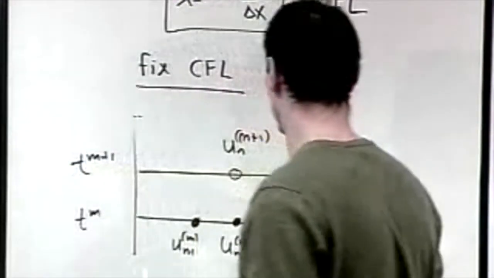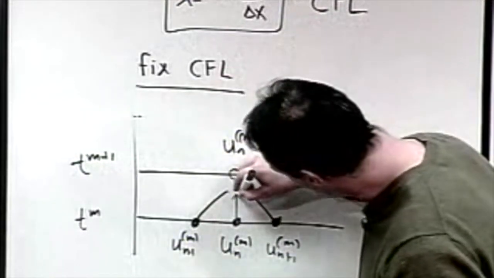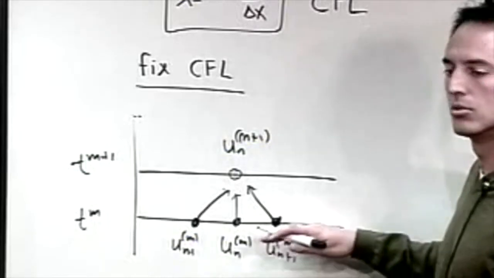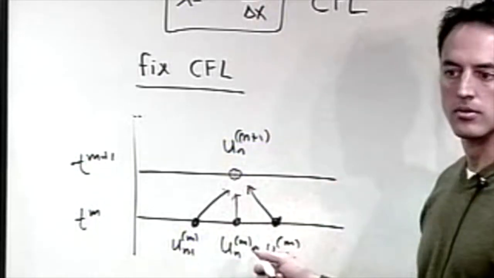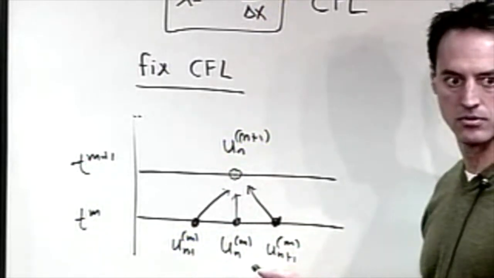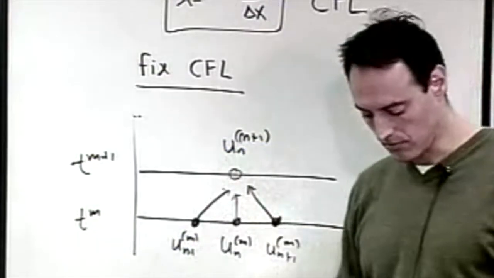It uses these 3 points, which help update to the future solution. So it's a method of lines. Here's your line of solutions. You update the next line. How many points are involved? 4. So this creates what's called a 4-point stencil for updating your solution. Because there's 4 points involved.